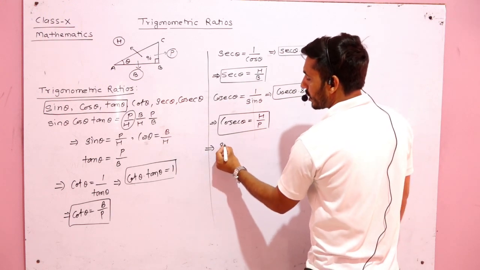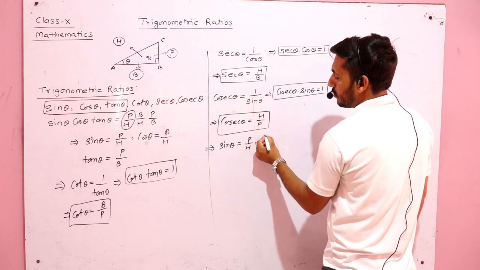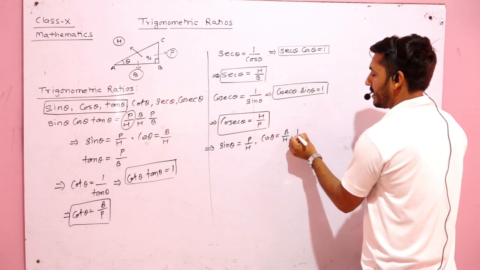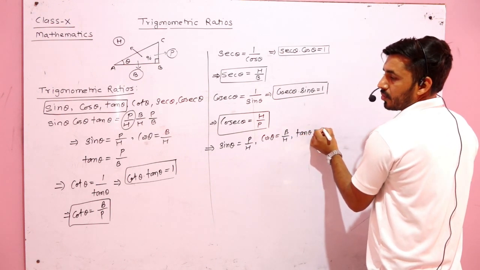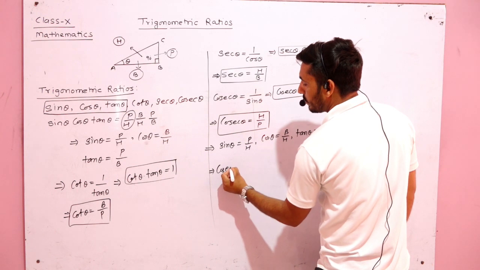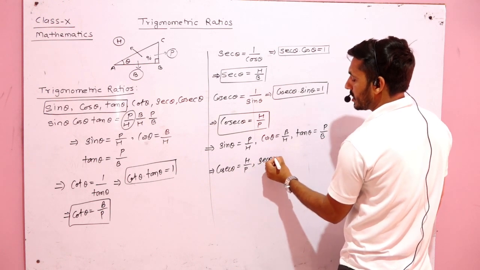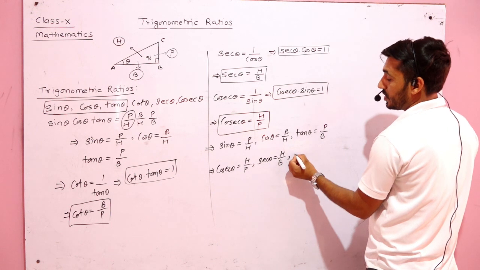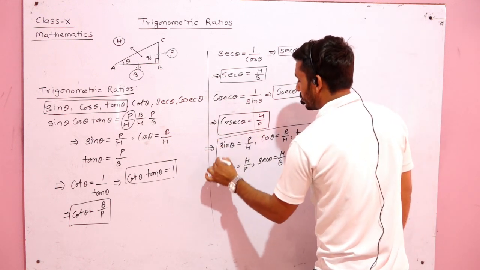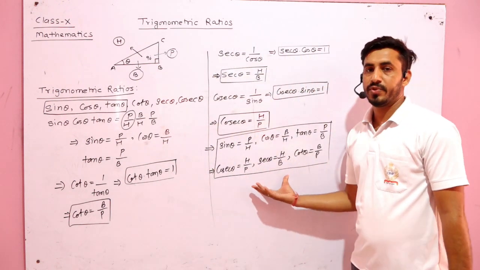Sin theta is equal to P upon H, cos theta is equal to B upon H, and tan theta is equal to P upon B. From here, cosec theta, the opposite function of sin theta, is H upon P. Sec theta is equal to H upon B. Next one is cot theta, and cot theta is equal to B upon P. All these six trigonometric ratios are written here. You can note them down.